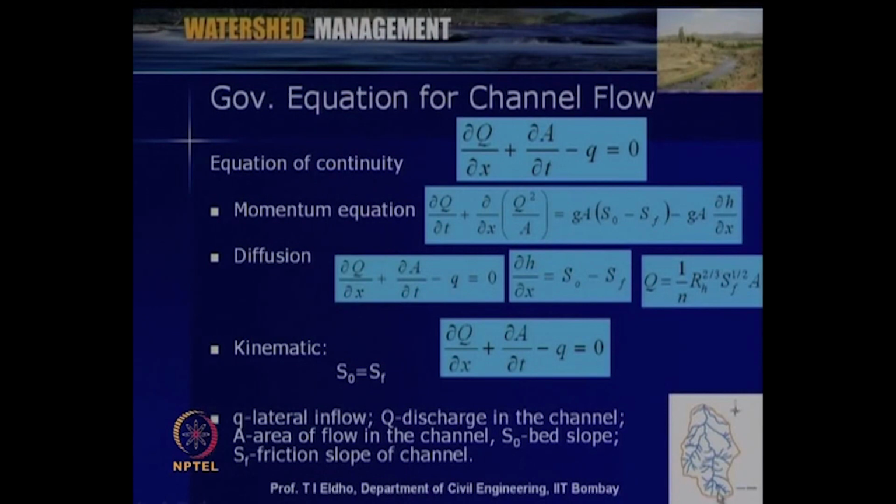Or we can consider the depth of flow and the discharge at the beginning of the stream as 0, depending upon the condition, say for example at this location. The boundary condition can also be applied at the outlet.